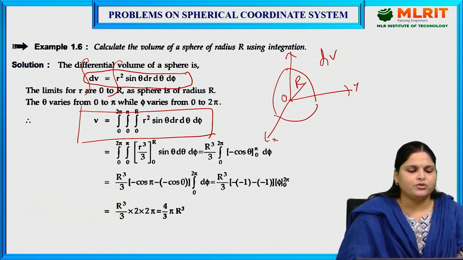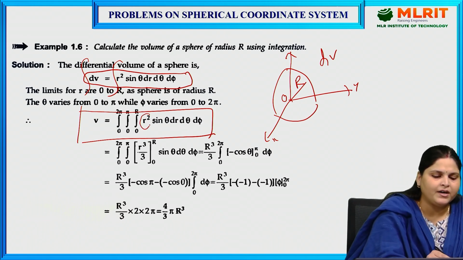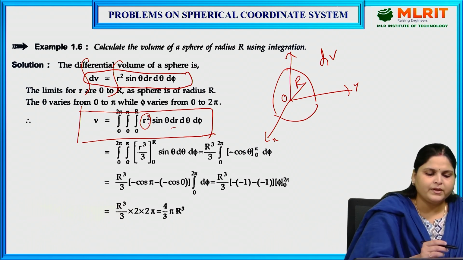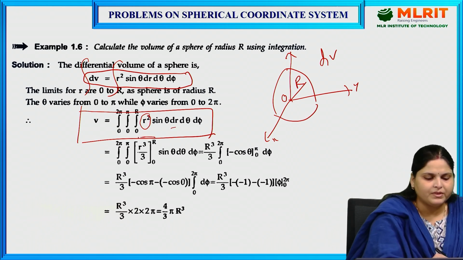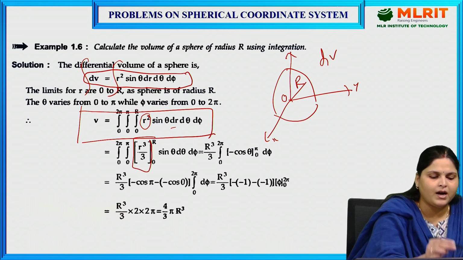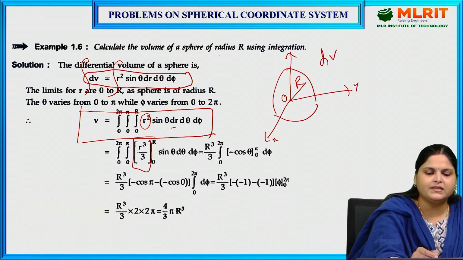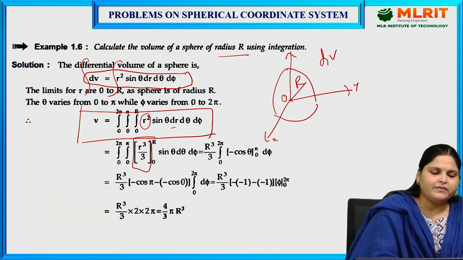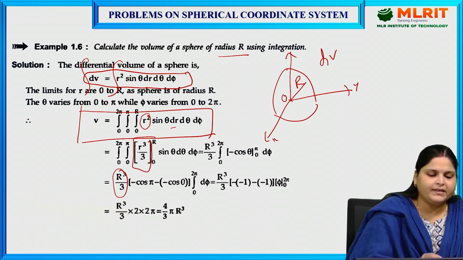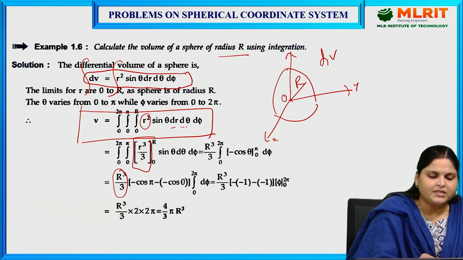So first we will integrate r square with dr. So r square after integration will become r cube by 3 and the limit is 0 to r, because the radius is r. So this will become r cube by 3.